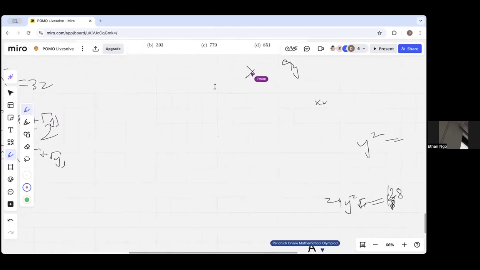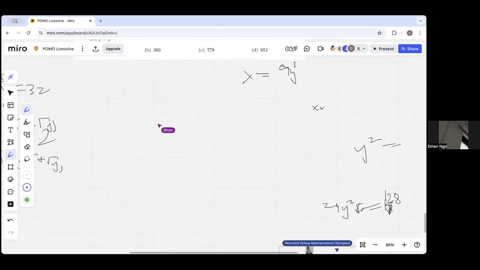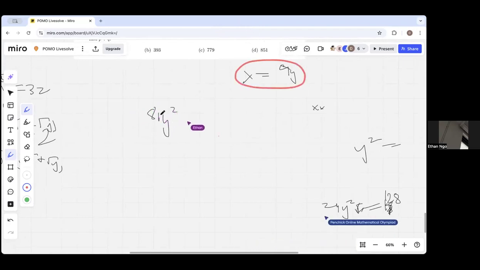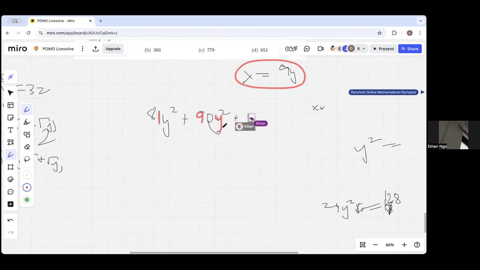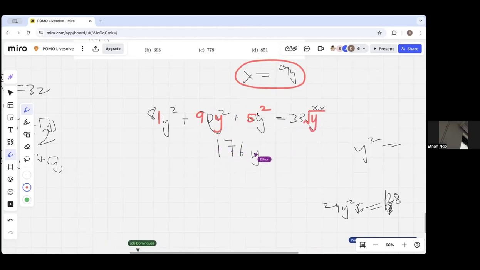So following the x equals 9y condition, we have that 81y squared plus 90y squared plus 5y squared equals 33 root y. Now, adding all of these together gives 176 y squared equals 33 root y.